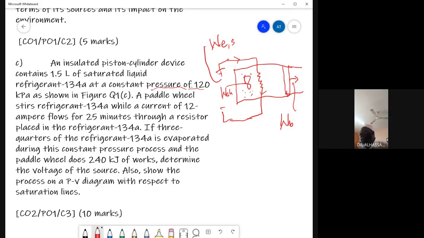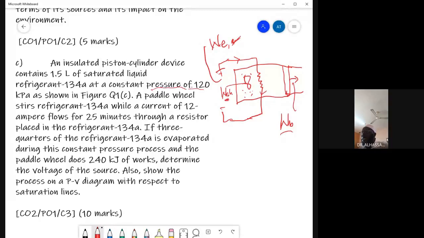So there are three types of work associated with this cylinder. This is similar to the assignment. One of the work is boundary work because of the movement of the piston. Another work is shaft work. This is not boundary work, this is shaft work. And then the next one is the electrical work.